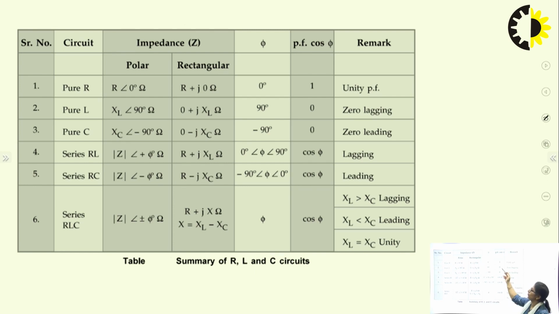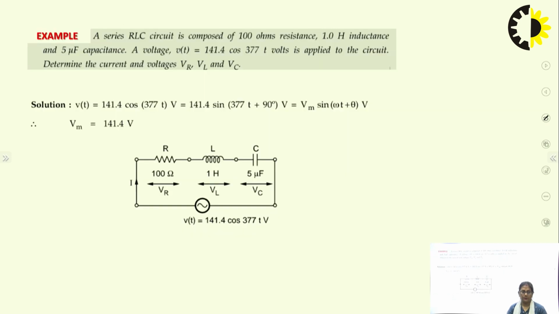For a purely inductive, we used to call it 0 lagging, and 0 leading for purely capacitive. Similarly, an RL circuit has lagging power factor, lagging but not by exactly 90 degrees but with a certain angle phi. Similarly, leading, the current is leading the voltage by a certain angle phi.